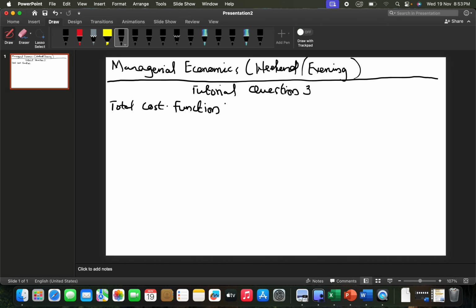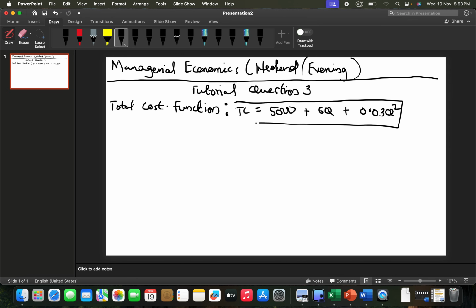The total cost function was given as TC is equal to 5,000 plus 6Q plus 0.03Q squared. So this was the total cost function. Now, we were also given price in the question. Price in the question was given as 5 cedis. Let me go back to the question.